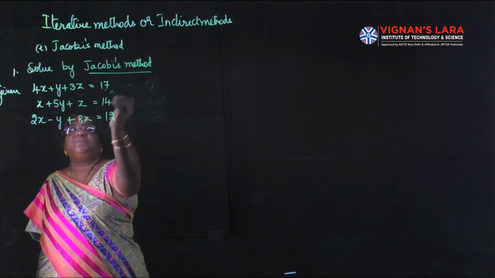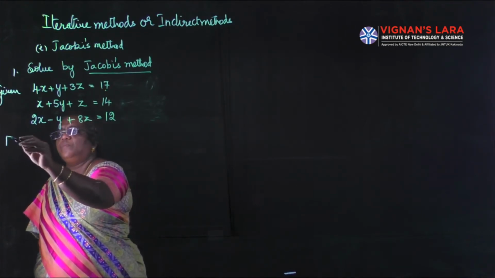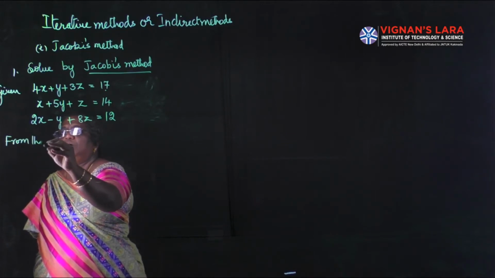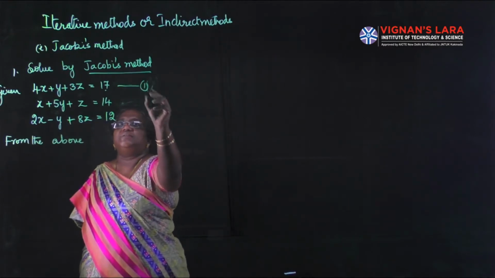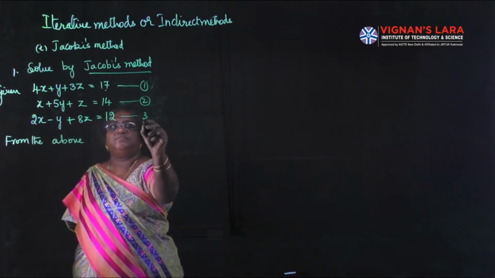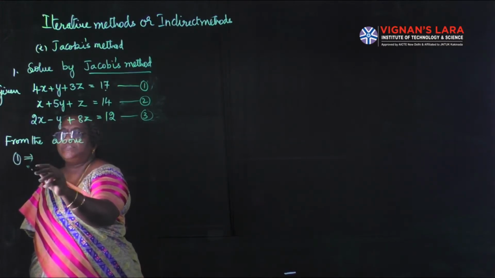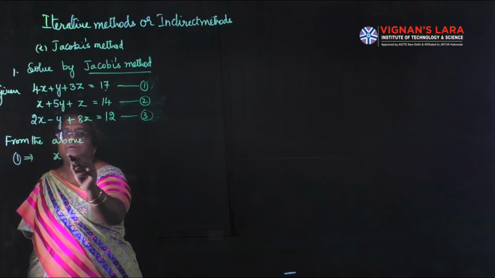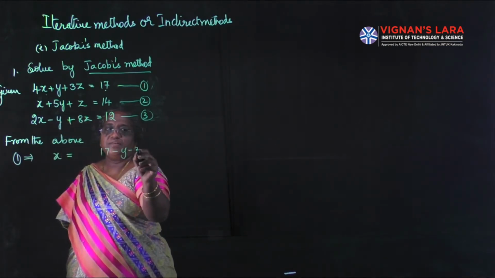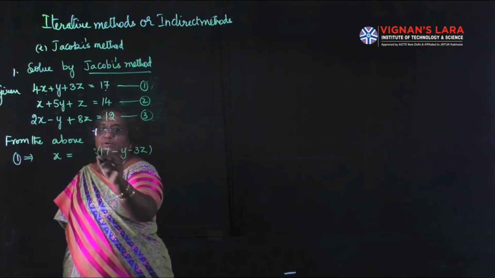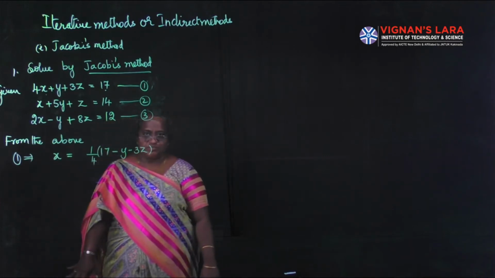So from the given first equation, rewriting, I will write this as equation 4. x is equal to 1 by 4 into (17 minus y minus 3z).